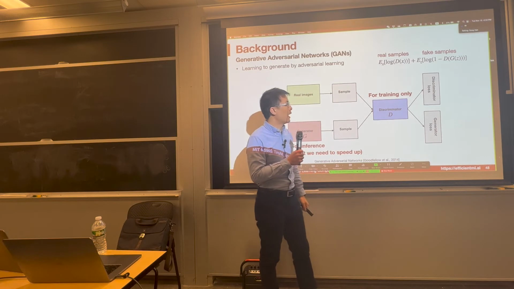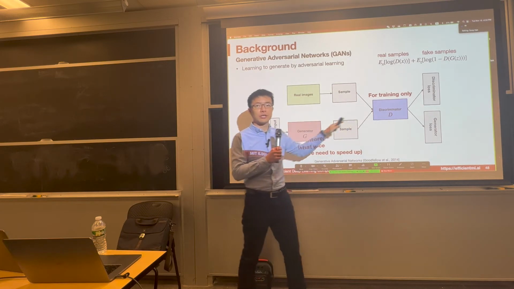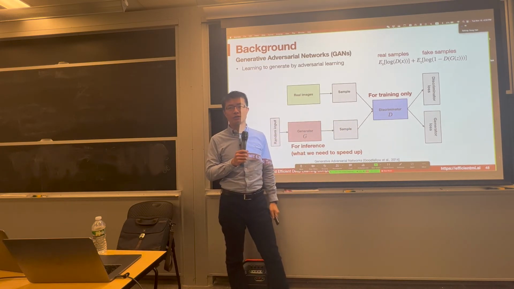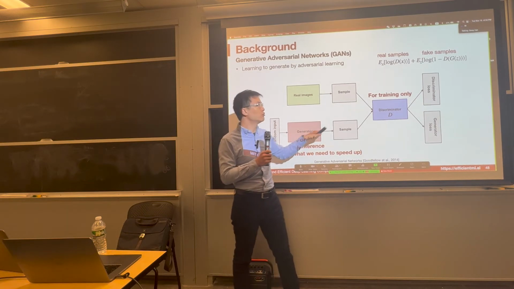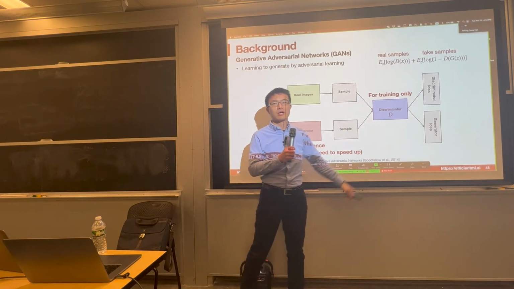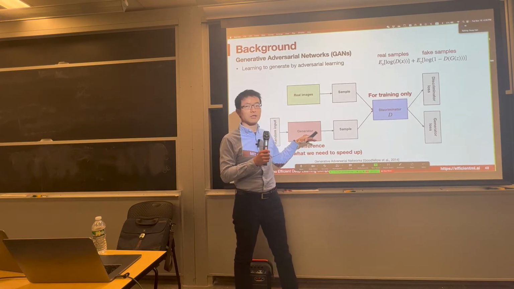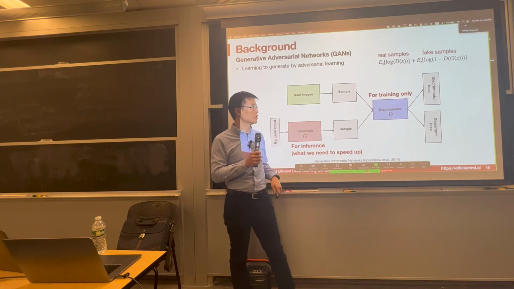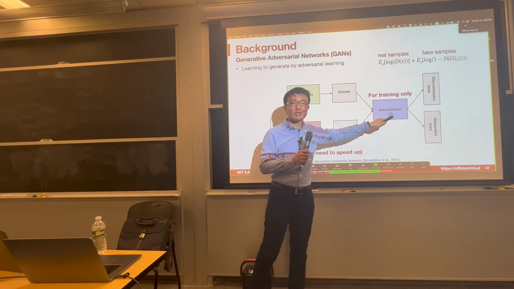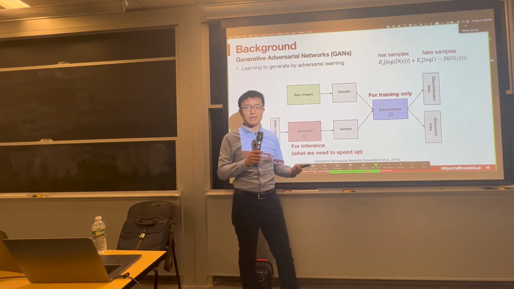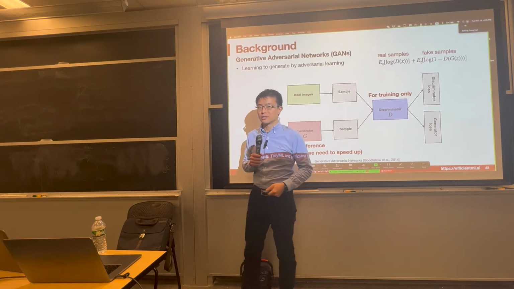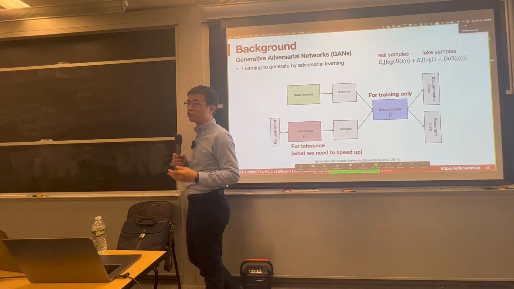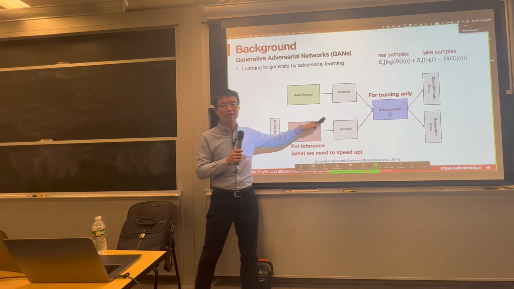So this discriminator and generator are actually acting against each other, where the generator is trying to fool this discriminator into thinking, oh, this is something that is actually real, while the discriminator is trying to be very picky, to tell apart the real image versus the generated image. So as training goes on, they both get stronger.